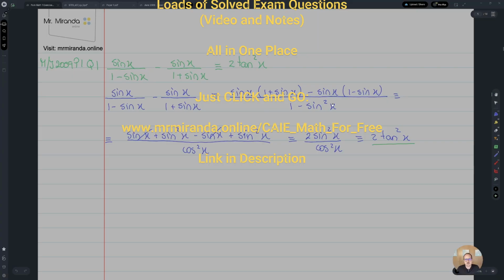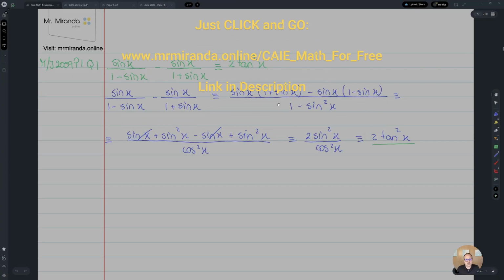So I just apply that rule that you should know for a long time, and then this is what you'll get in the denominator. I just expanded the brackets. I have here one term that is sine of x, and here one term that is minus sine of x, so they cancel each other out. Sine square of x plus sine square of x, that's 2 sine square of x over cosine square of x. This is going to be tan square of x.